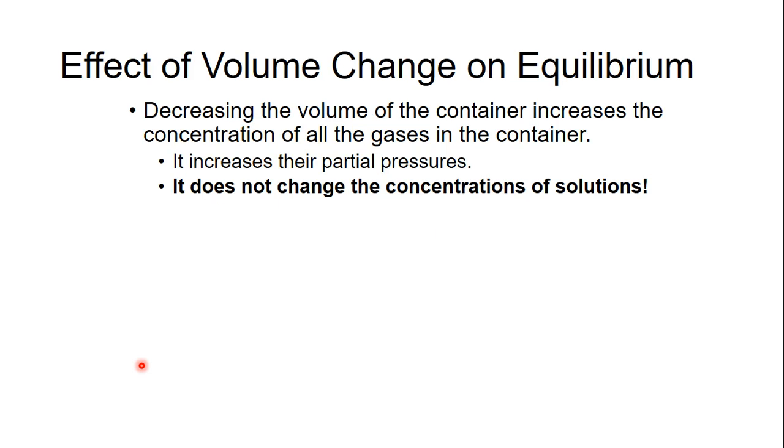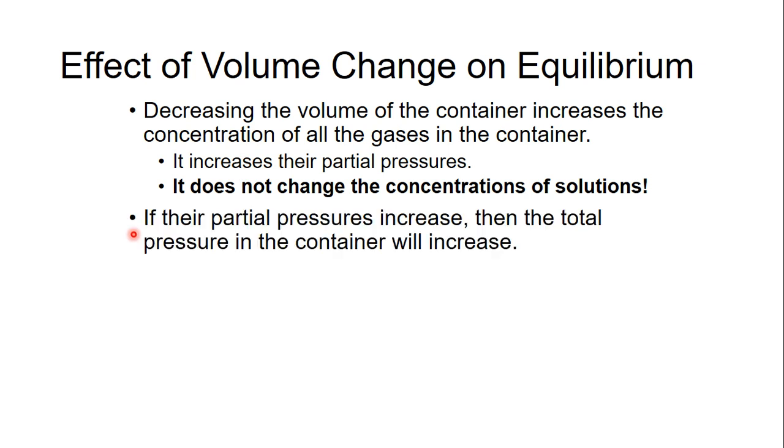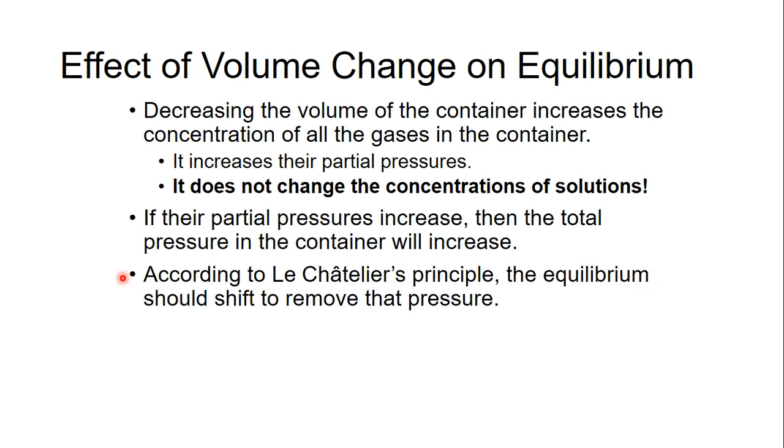All right, so let's look at volume change in equilibrium. Decreasing the volume of the container increases the concentration and the partial pressure of gases, but does not change the concentration of solutions. If the partial pressure increases, then the total pressure in the container will also increase. In Le Chatelier's principle, we want to move away from this increase in pressure.